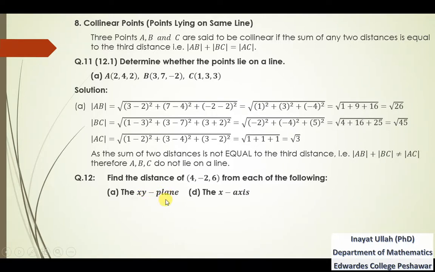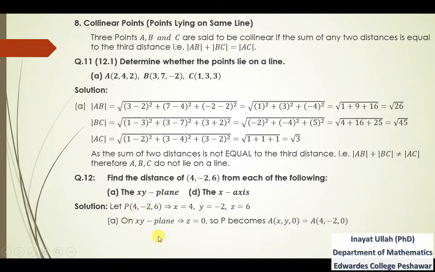Recently we have studied the equation of the xy plane, or what is the type of a point on the xy plane. On the xy plane z is equal to 0, so let's say this point is denoted by P. So x is equal to 4, y is equal to minus 2, and z is equal to 6.